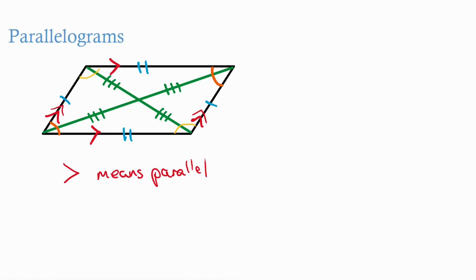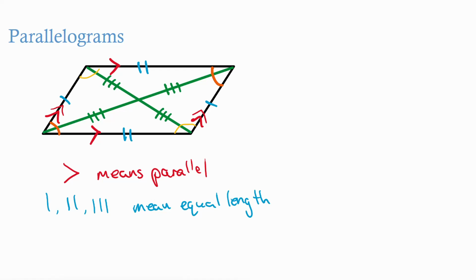Okay? The next thing I want to look at is, remember these indications on the sides. They mean equal length. So the two sides are equal, the top and the bottom are equal, and then the diagonal parts are also equal.